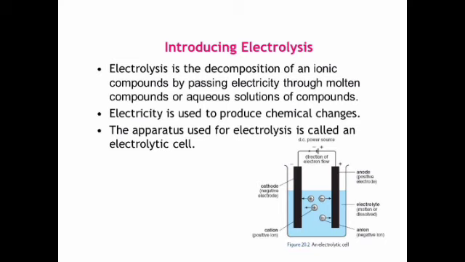The constant is Z. So M equals Z I T. Now Z is a constant which is equal to the value of 3.3 times 10 raised to power minus 14. So we can use this to calculate the mass of element discharged during electrolysis.